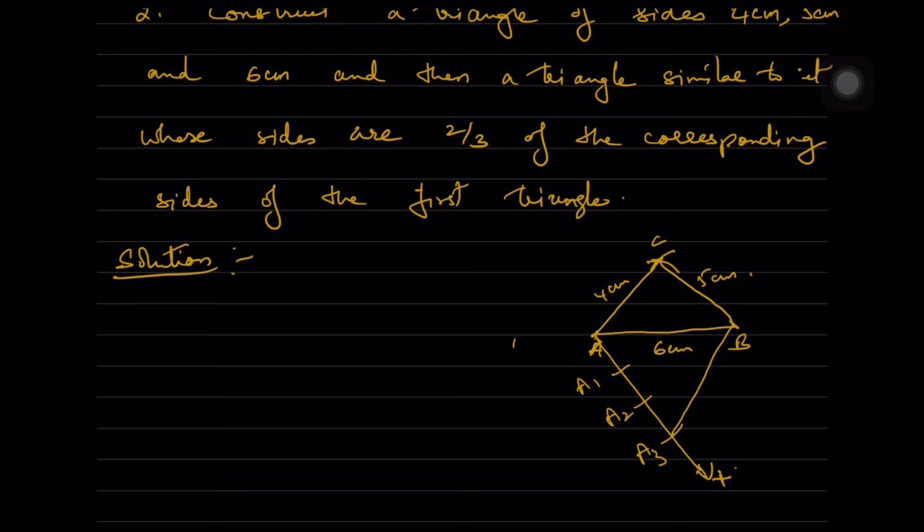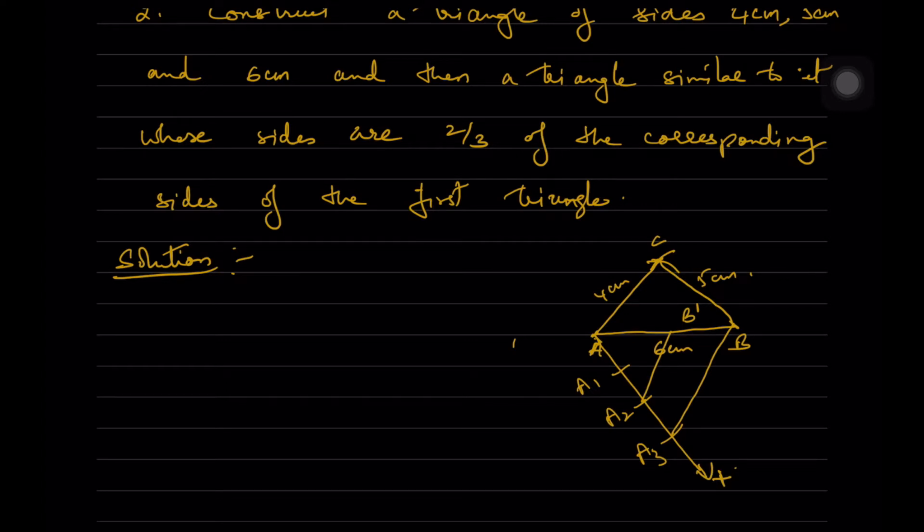After joining A3 to B, we take a line from A2 which is parallel to A3B. Using the scale or the set squares you can do this, and you name this point B dash. Now from B dash we draw a line parallel to BC onto AC.